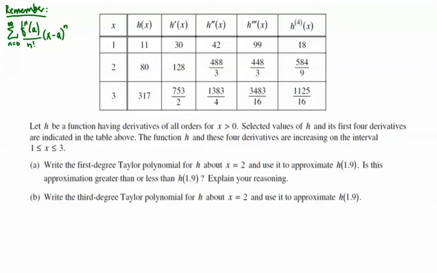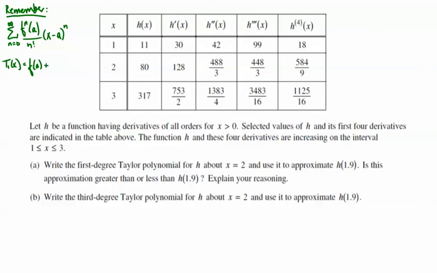And here we want to find the first degree Taylor polynomial for h about x equals 2. In general, there is no zeroth derivative, that's the original function. So it's the original function evaluated at the center over 0 factorial, which is 1, and x minus a to the 0 power, which is also 1.